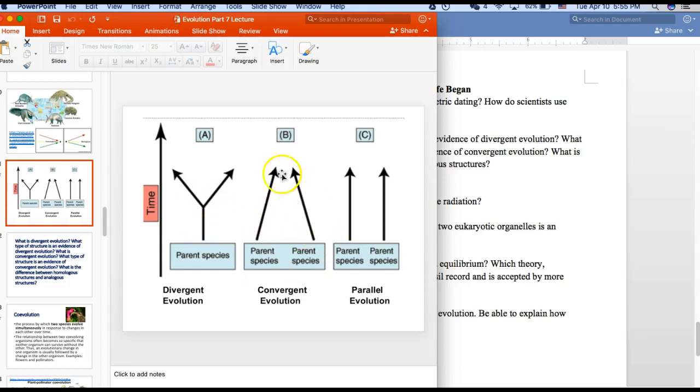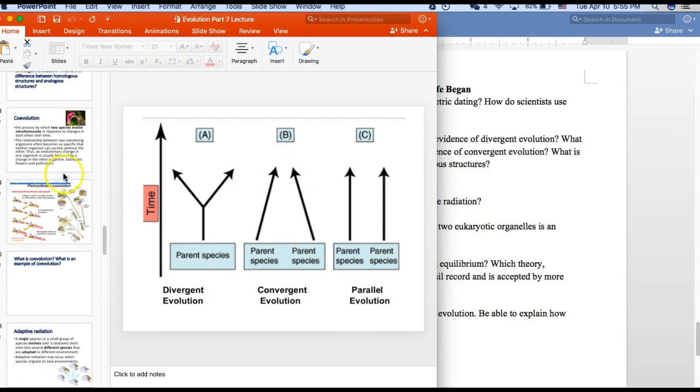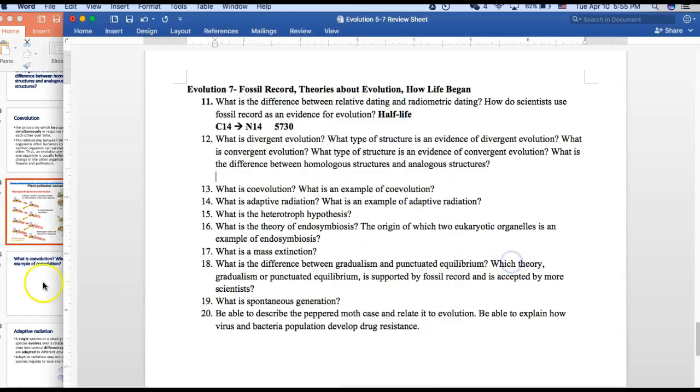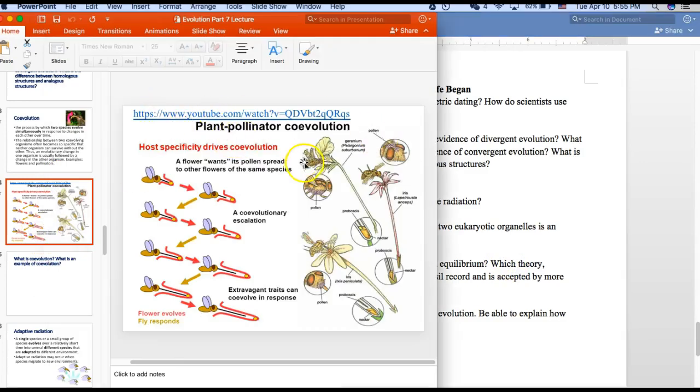Another example for convergent evolution will be the butterfly wings and the bird's wings. They both are wings, but one is an insect, one is a bird. And they developed those characteristics because of their specific adaptation to the environment, not because they came from a very recent common ancestor. The last one is coevolution, so make sure you watch this video.